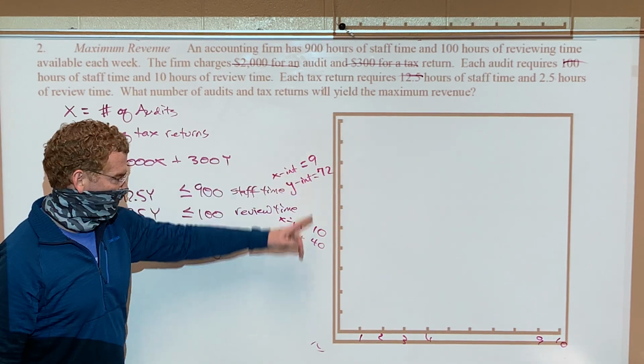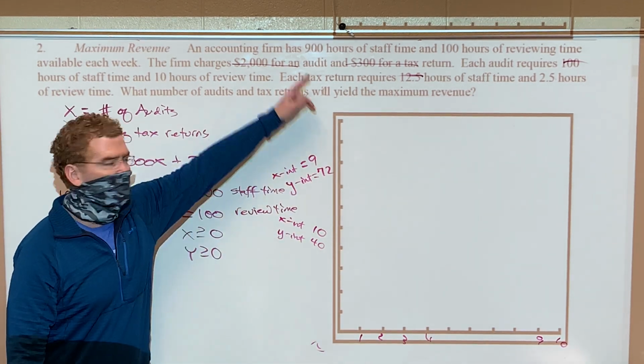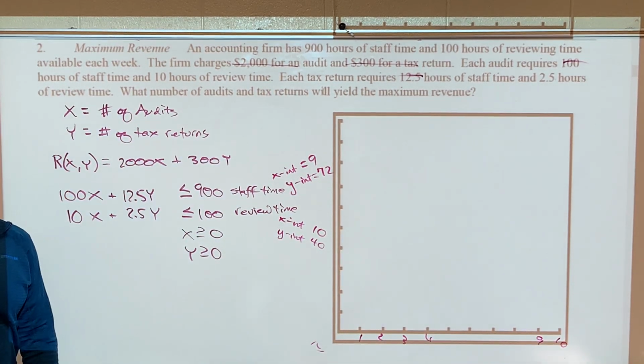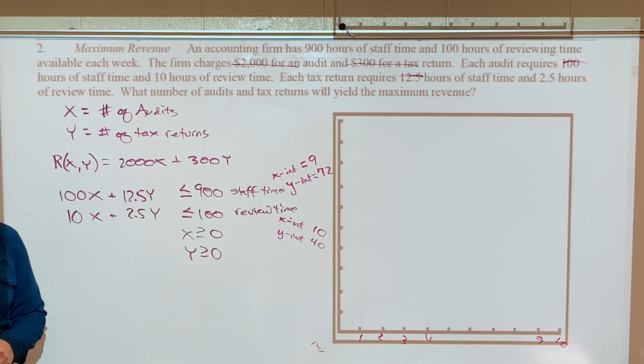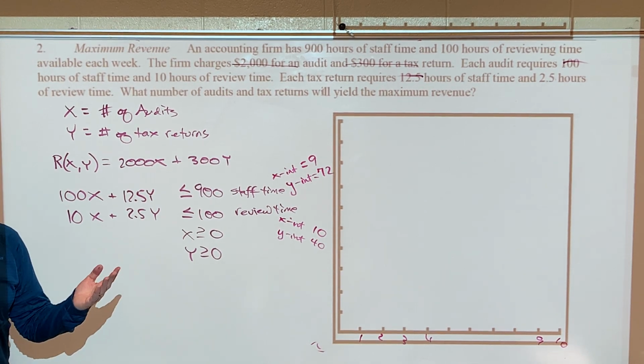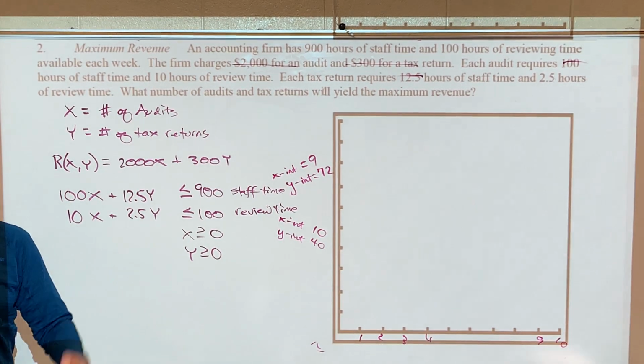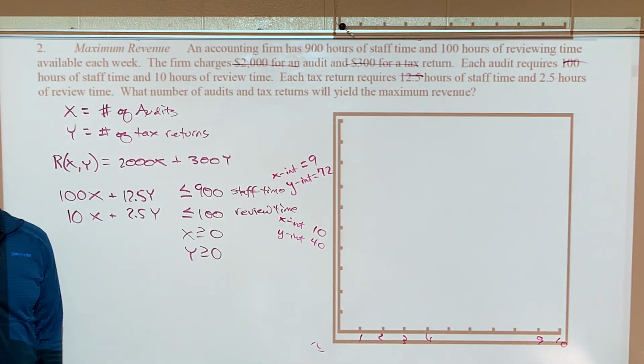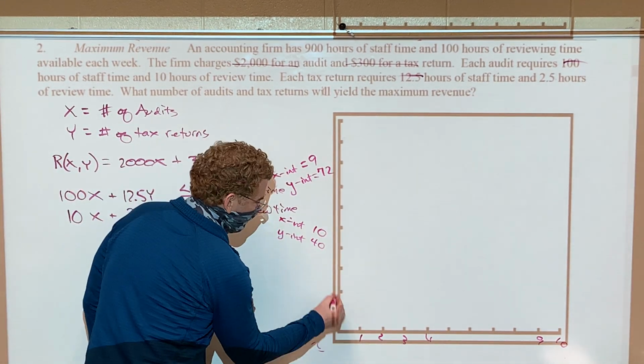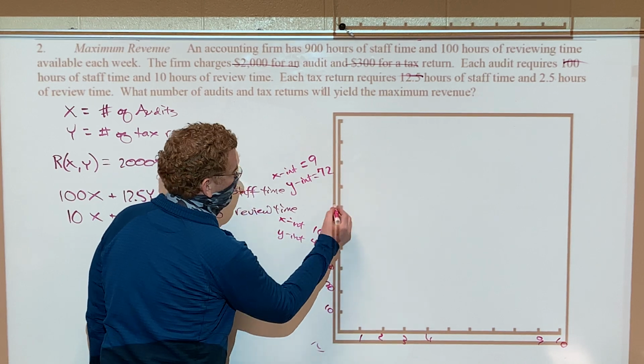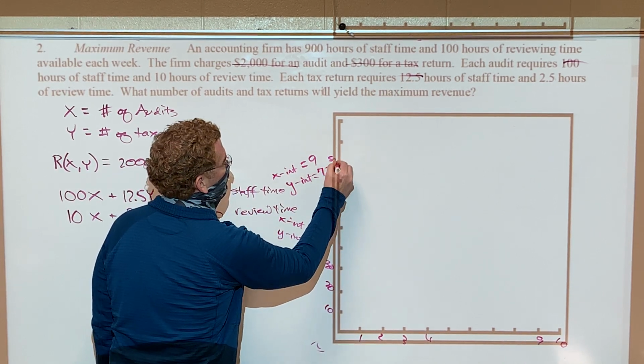And since these go to 72 and 40, what do you want to number these? It's got to at least get into 72. Any ideas? You could do 9, 8, or you could just make it a cool 10 and be easier to think. It's up to you, doesn't matter. 10, 20, 30, 40, 50, 60, 70, 80, 90, 100.